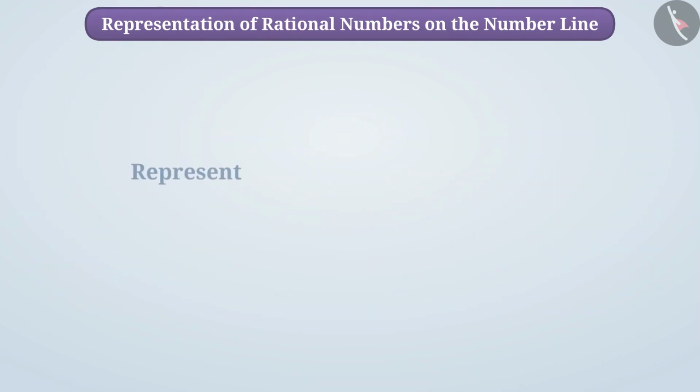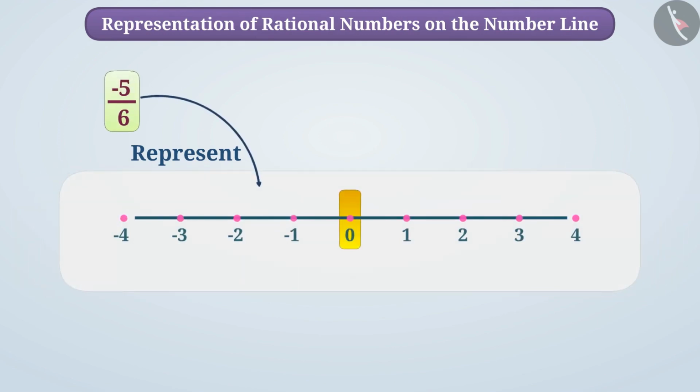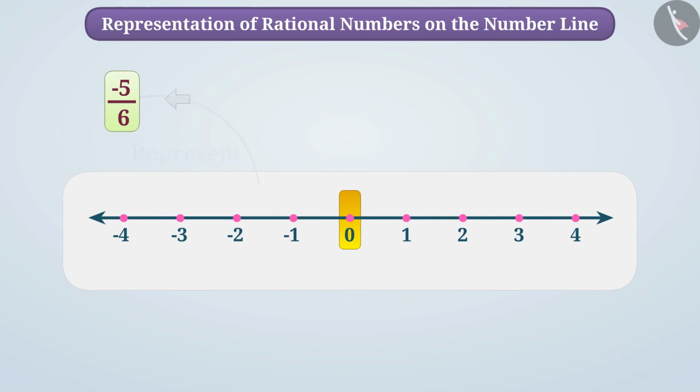Suppose we have to represent the rational number minus 5 by 6 on the number line. Pause the video first and try to represent it on the number line. Let me tell you, here the rational number minus 5 by 6 is a negative rational number.